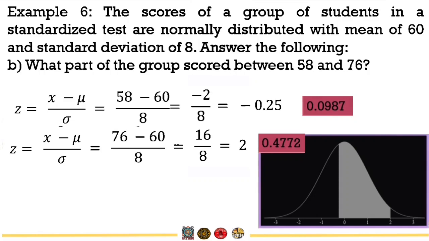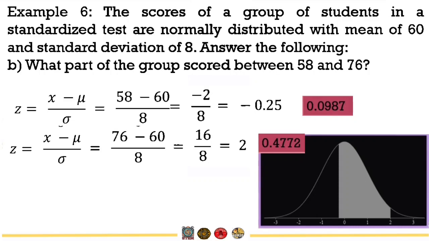Shall we subtract? Shall we add? Okay, so in dealing with a negative z value and a positive z value, the area between those z values, if you will analyze, came from the left side of 0, then to the positive side of 0. So it covered a wide range of area. Do we add or do we subtract these two areas?